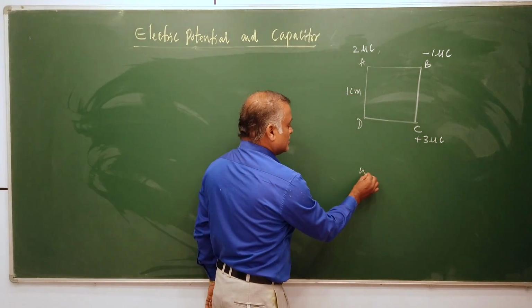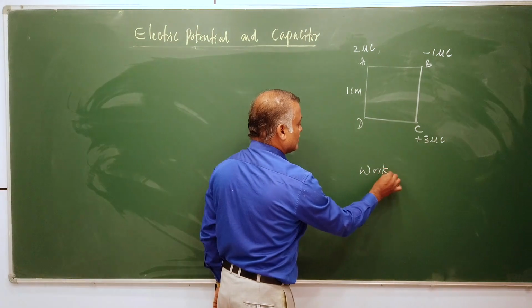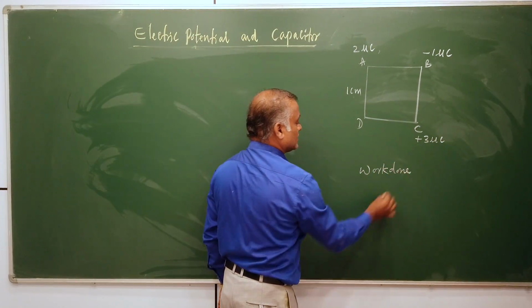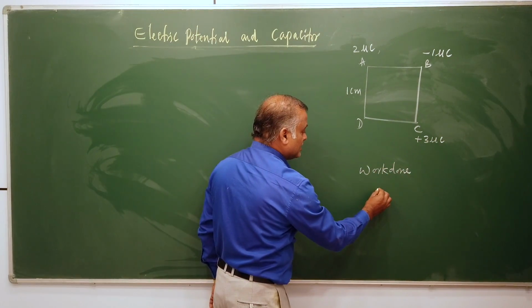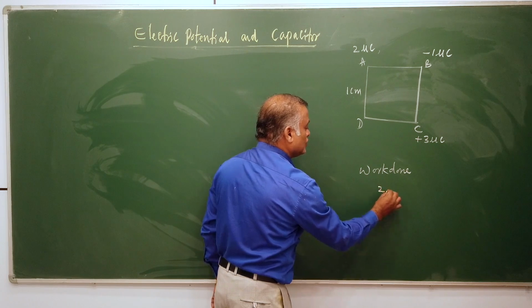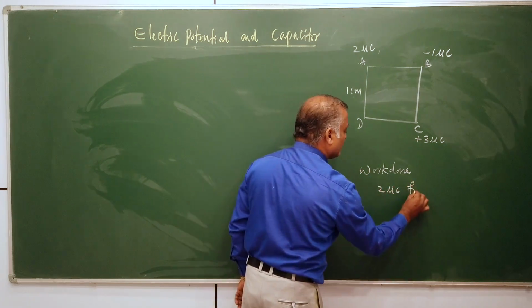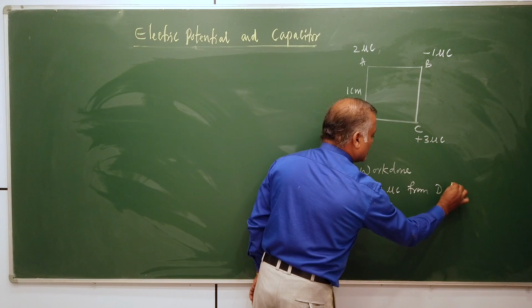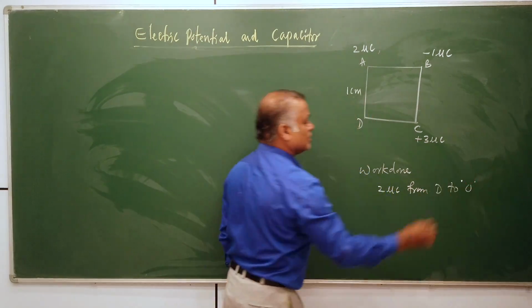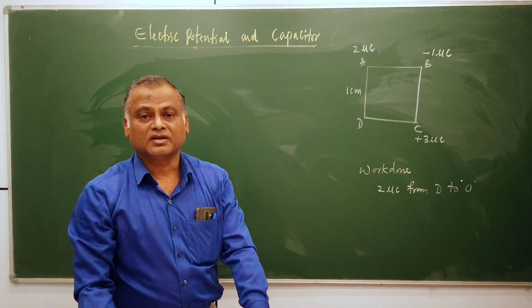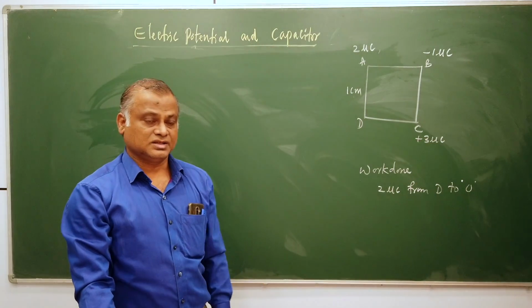They are asking work done in transferring, say, 2 microcoulomb from corner D to the point of intersection of the diagonals.